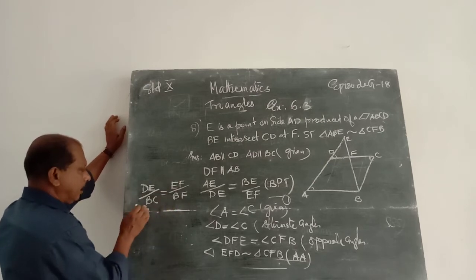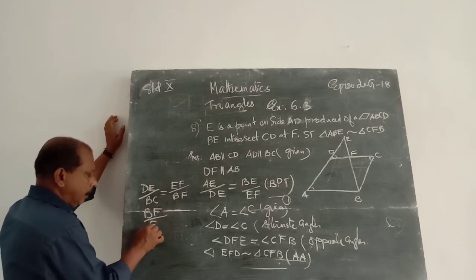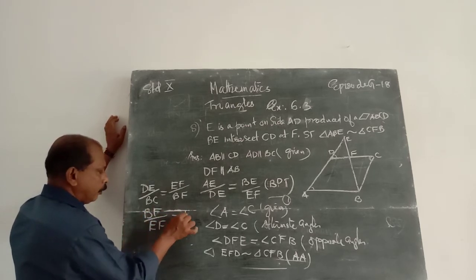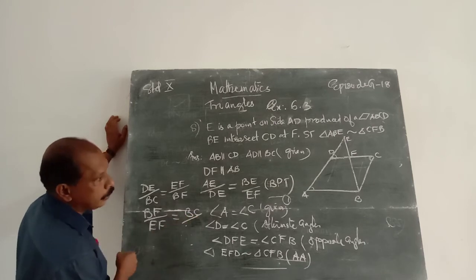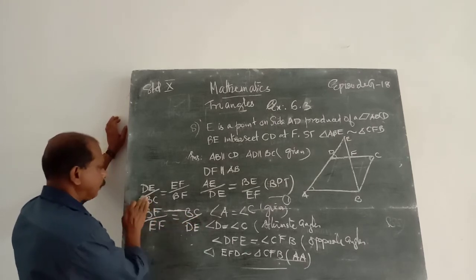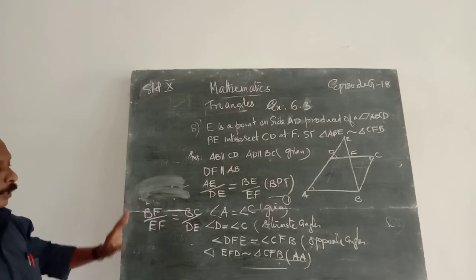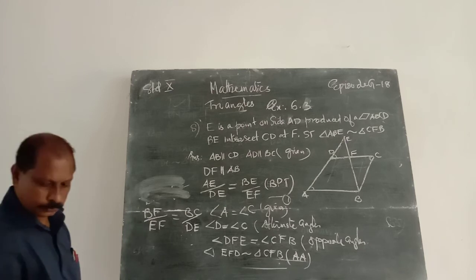Or similarly, we can write this as BF by EF is equal to BC by DE. That is, the corresponding sides are proportional. Okay.